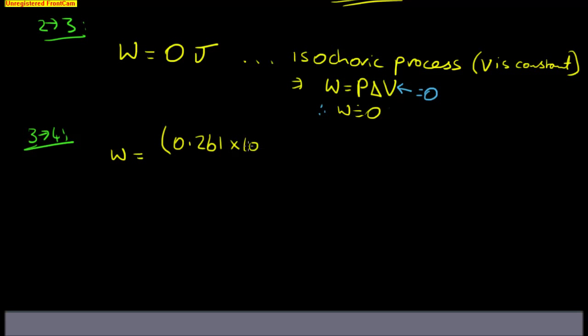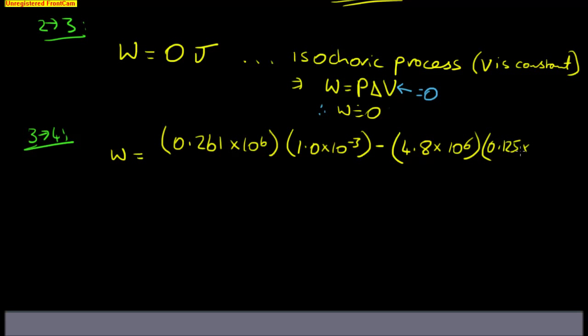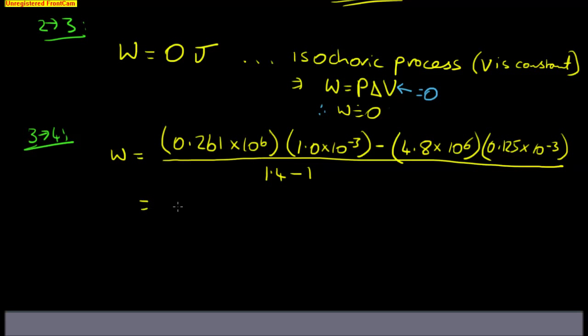So process 3 to 4 again is a polytropic process. So we have our P2V2 minus our P1V1, all over our exponent, which is 1.4 again, minus 1.